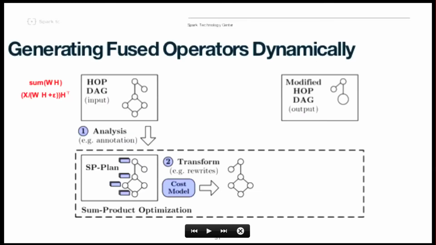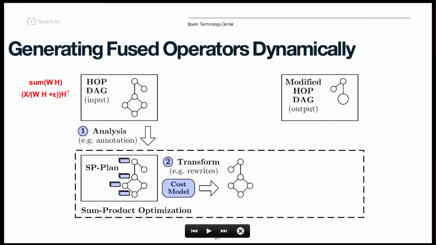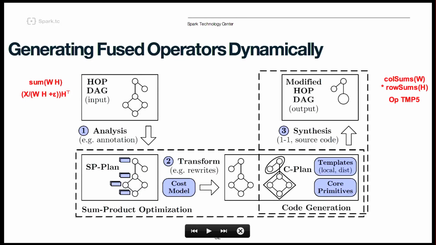We generate potential options for what operators we're going to fuse into new fused kernels, use a cost model to estimate how fast those fused kernels are going to run and how much memory they're going to require. And then we make a choice and we generate new code from scratch for the fused kernel, compile that, and link it back into the original DAG of operators.